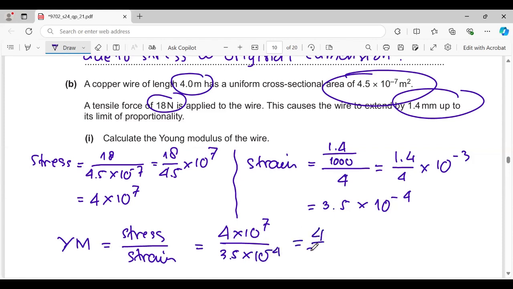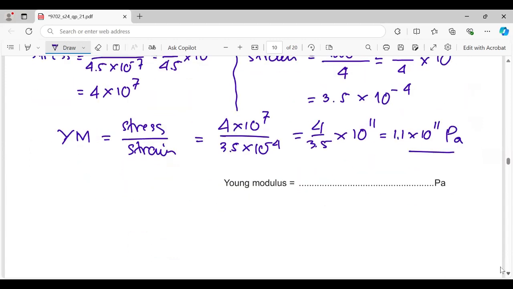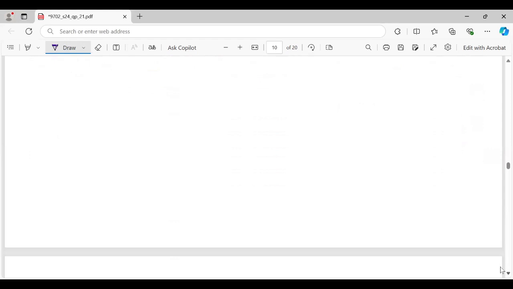So 4 over 3.5 times 10 power 11. And it is 1.1 times 10 power 11 Pascal. Okay. So this is 1.1 times 10 power 11. Next, what else?